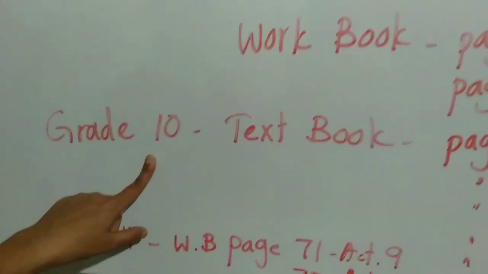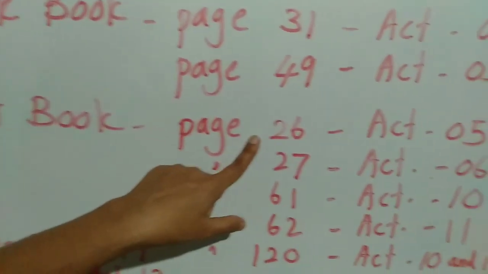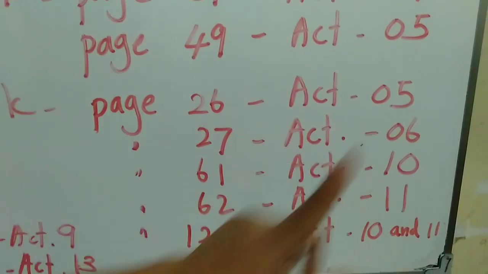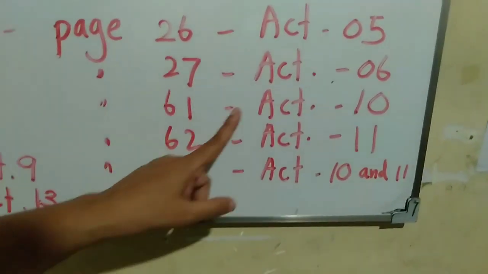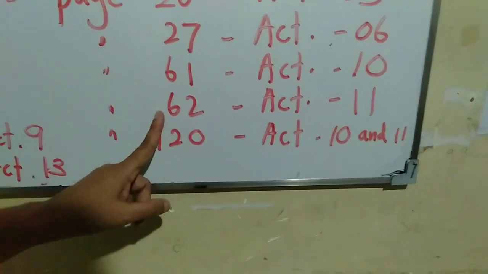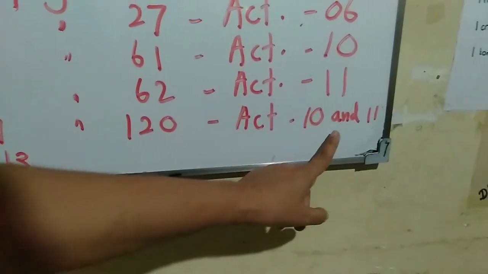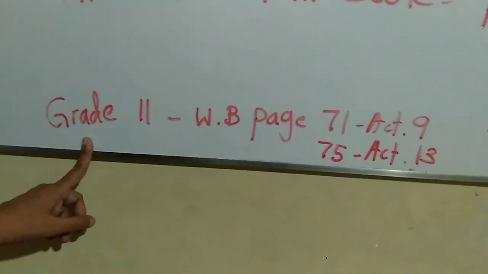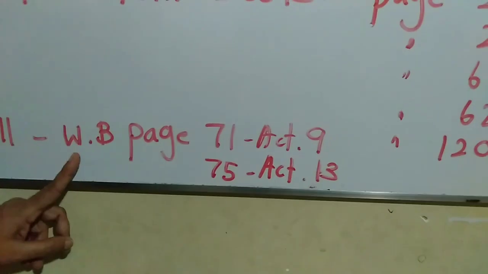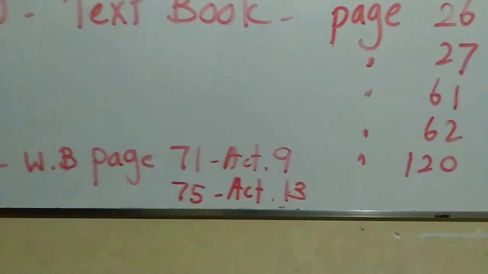Grade 10 children can do textbook, page 26, activity 5, page 27, activity 6, page 61, activity 10, page 62, activity 11, page 120, activity 10 and 11. Then grade 11 children, you all can do workbook page 71, activity 9, page 75, activity 13.